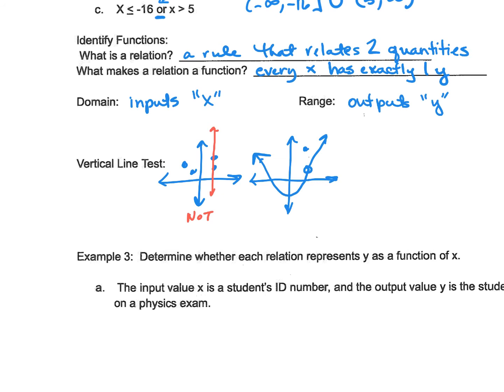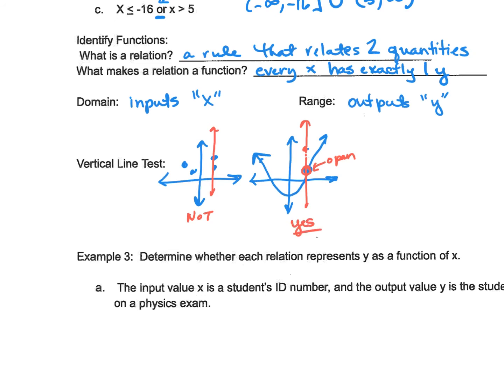This, however, if you drop the vertical line right here, does it cross more than one place? No. It hits here, but right here is an open circle. So technically it doesn't touch it at that point, does it? So if it's an open circle, it doesn't count. So this would be yes, it is a function.